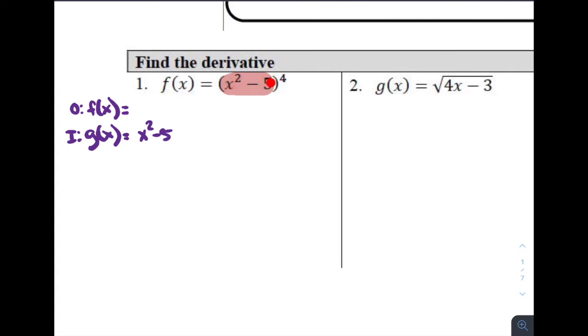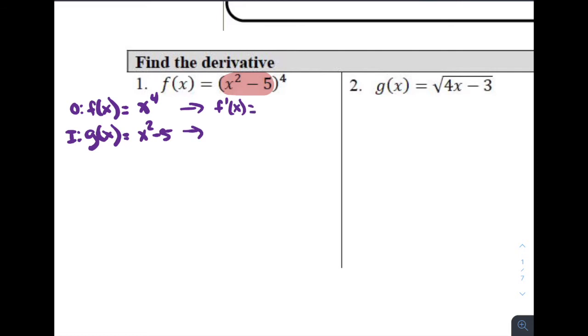So something is being raised to the fourth power, and our outside function is actually x to the fourth. Our inside is x squared minus 5. While we're doing the setup here, getting ready to do the work, I'm going to take the derivatives of each of these.